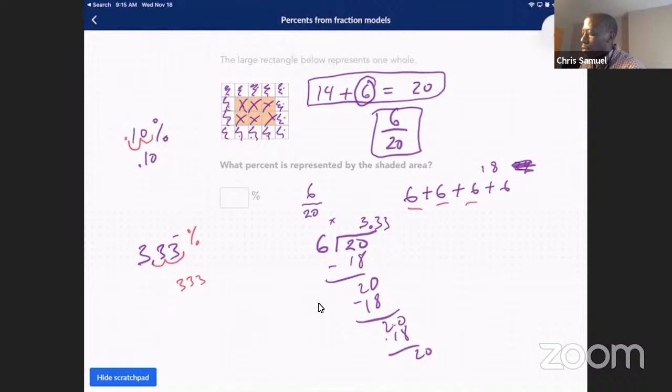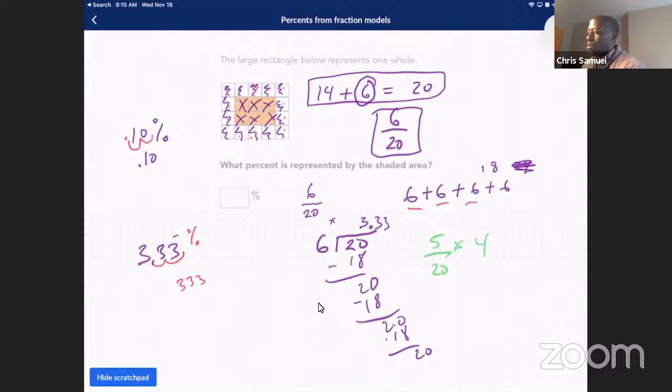Let's say it was just 5. Now 5 would be a little bit easier to understand what was going on, because 5 goes into 20 4 times, right? Of course 5 times 4 equals 20.